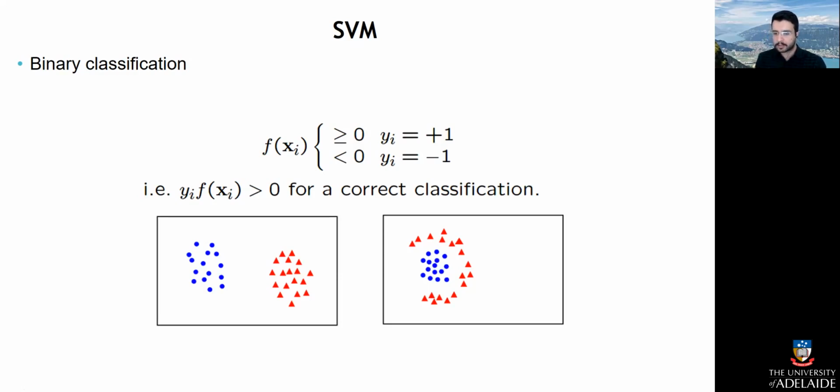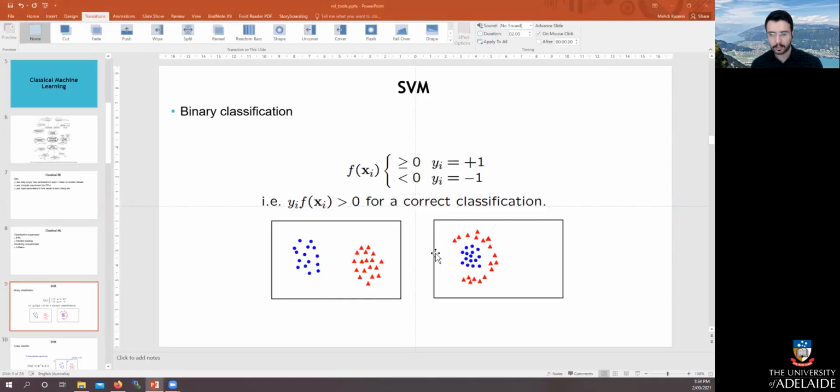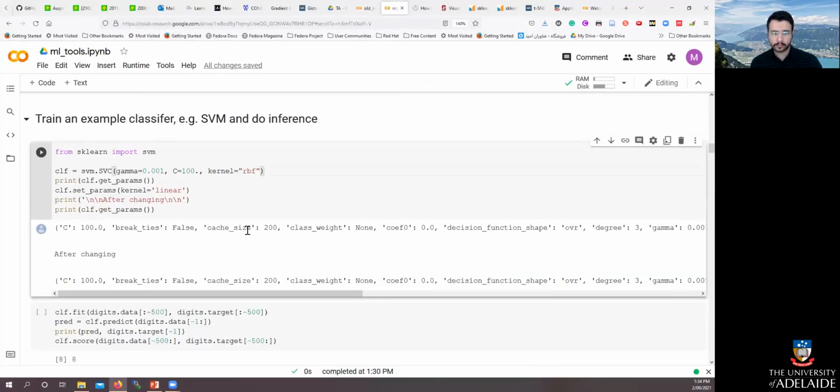Now, if your triangles are further away from the screen, and your blue circles are on the screen, on the same plane, then in 3D you could find a hyperplane that separates them. That's the idea. So with kernelization, you implicitly transform your data points to higher dimensionality so that they become separable if they are not linearly separable in the original state.